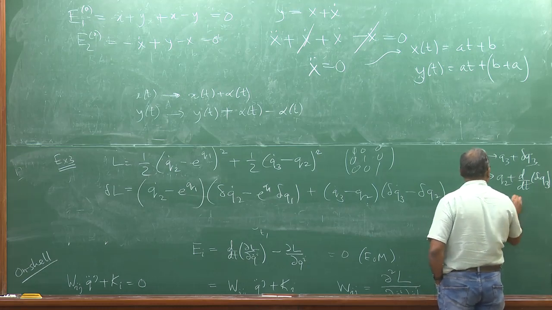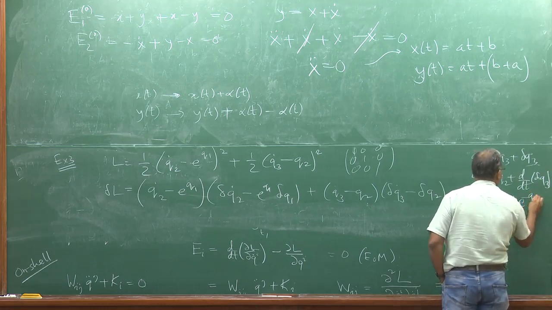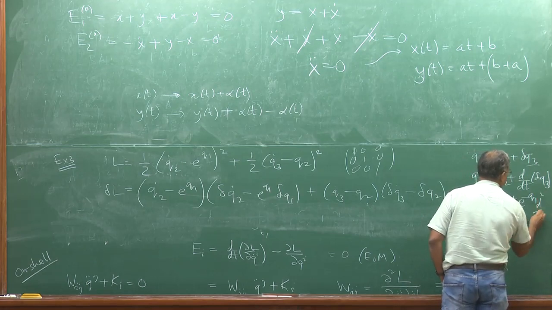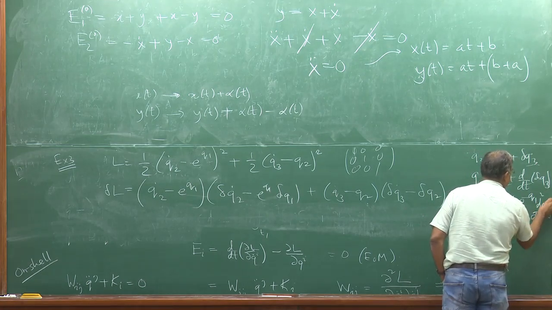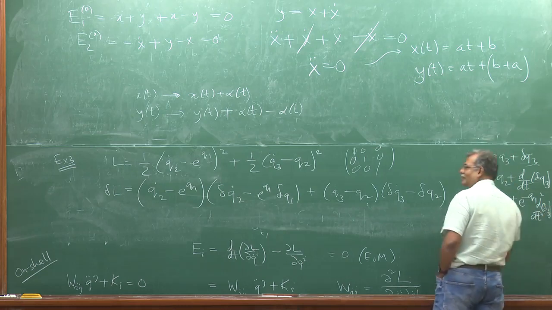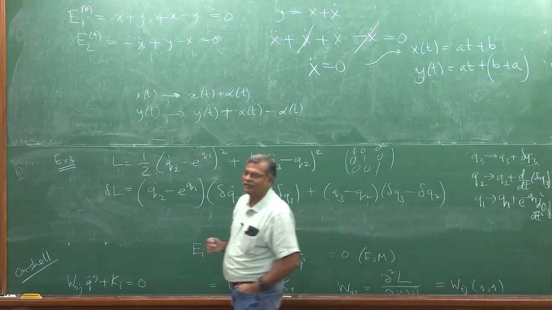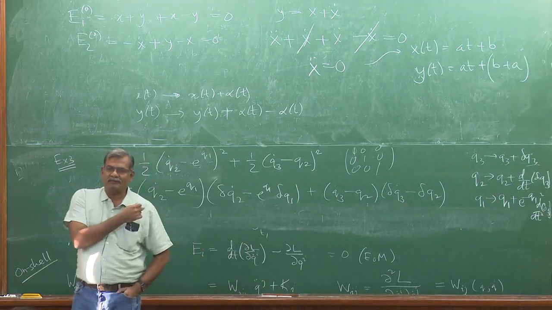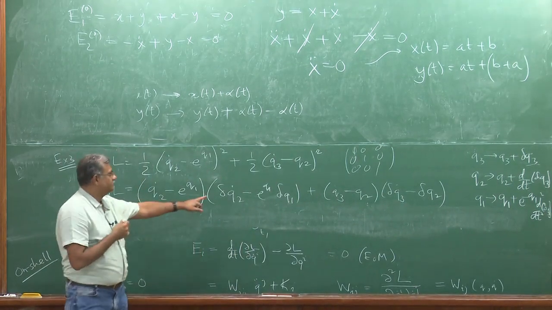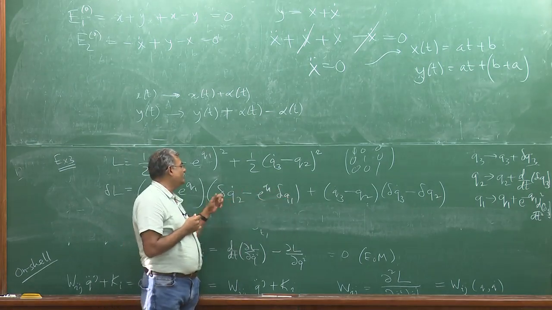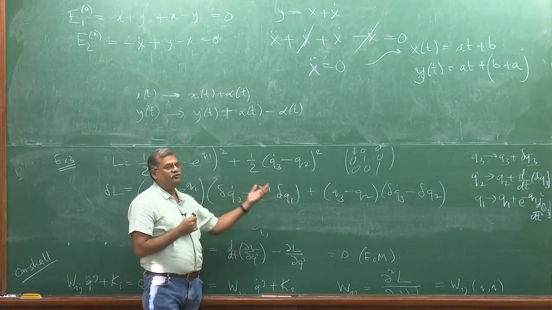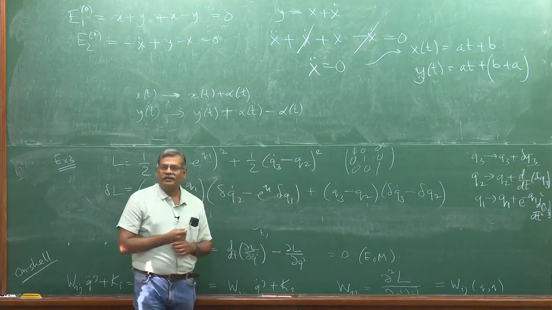Change it to Q1 plus delta Q1. Sorry, I shouldn't really have gone that far to the corner, but this essentially will make the first bracket vanish, right? This one. I've just put in delta Q1 is equal to minus Q1 times delta Q2 dot, and delta Q2 dot is the second derivative of delta Q3.